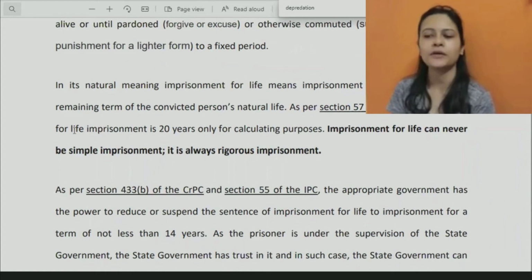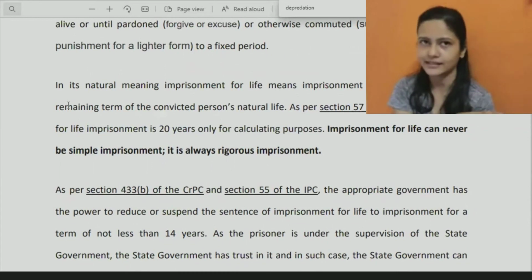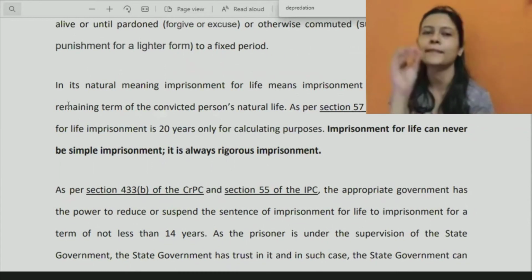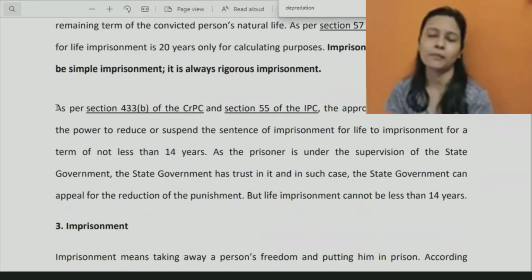So for the purpose of calculation, life imprisonment is calculated as 20 years. If we are saying that life imprisonment is given, it will be 20 years, that is how it is calculated. But minimum for 14 years, the person should remain in prison. After that, he can ask for pardoning of his punishment. And after 14 years, there is a possibility that the person will be released from prison.